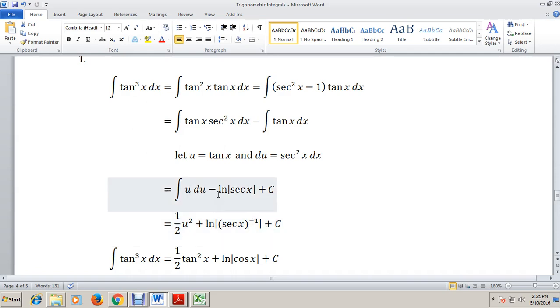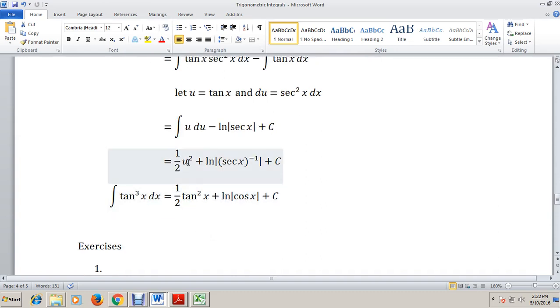So this becomes secant x raised to negative 1, or simply the reciprocal of secant x, which is cosine x. Okay, so finally we can replace u with our original replacement of tangent. So this becomes 1/2 tangent square x plus ln of cosine x then plus c.